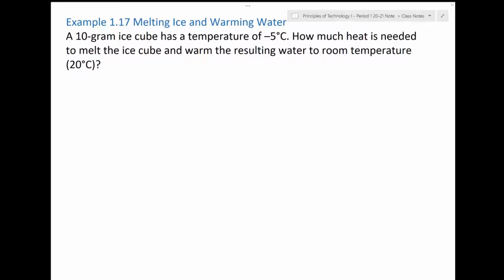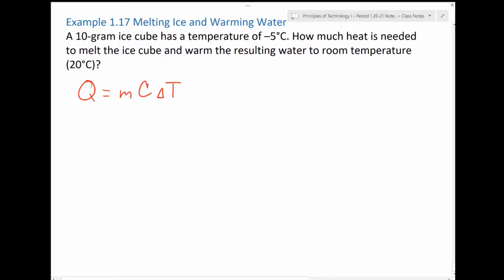I'll start with going from -5 degrees Celsius to 0 degrees Celsius, and we are going to use the equation Q is equal to the mass of the water, I guess ice in this case, times the specific heat of the ice, times the change in temperature.